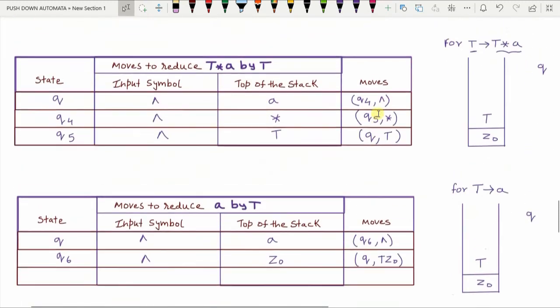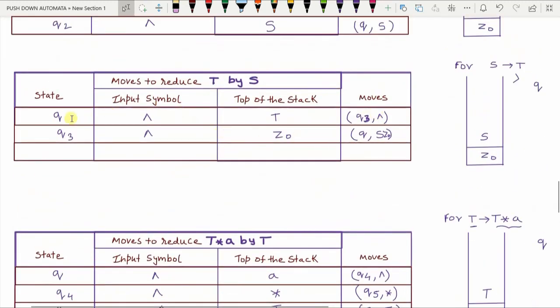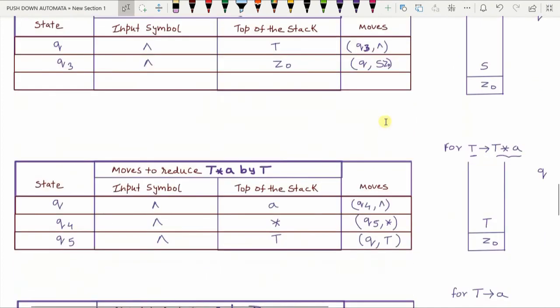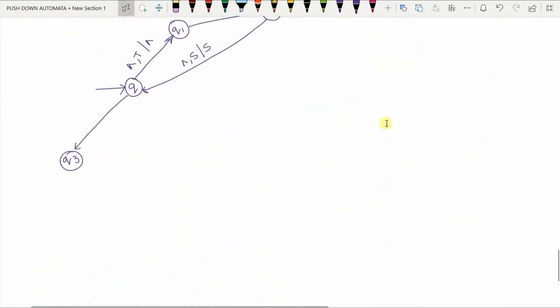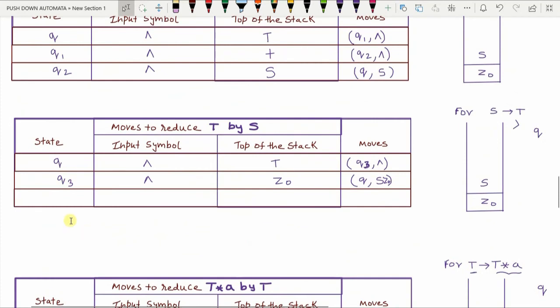Now how do you go to Q3 state? From Q you go to Q3 state by reading null, and top of the stack is T, and you are pushing null into the stack. Null, T, and you are pushing null. Now you are already in Q3 state, no? Then from Q3 state you come back to Q state by reading null, top of the stack is Z0, and by pushing S onto the stack.